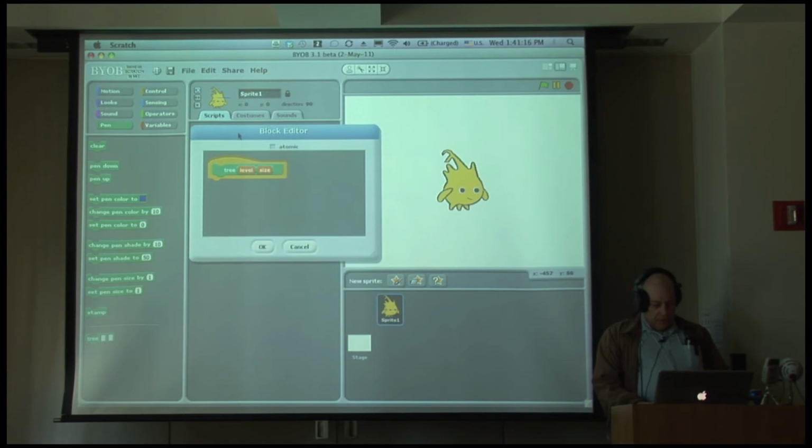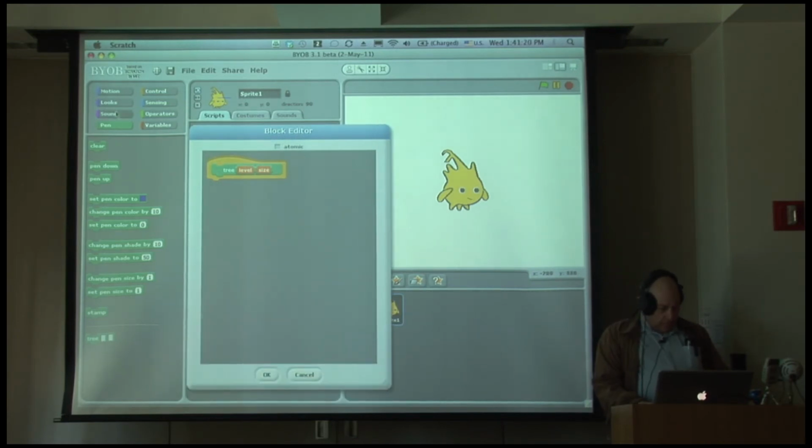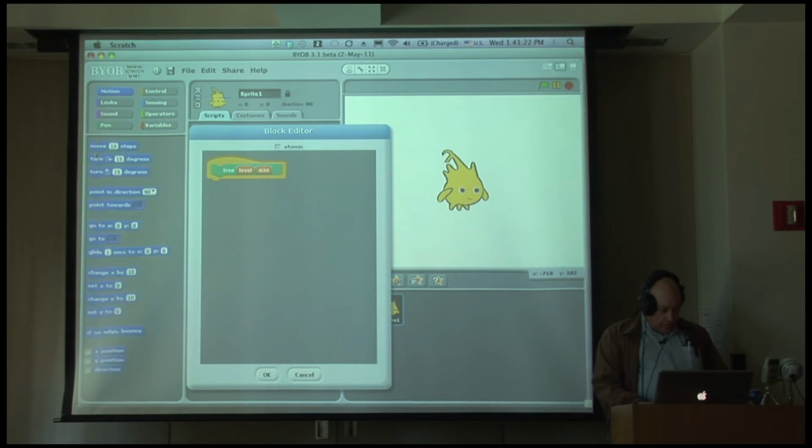And in order to draw a tree, what you do is move size steps and then turn left, otherwise known as counterclockwise. 15 degrees is fine.